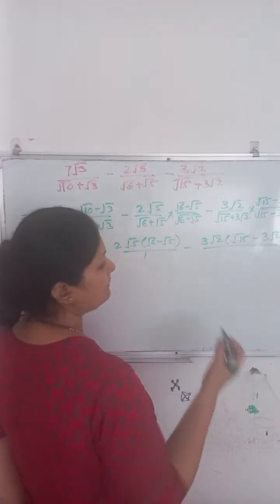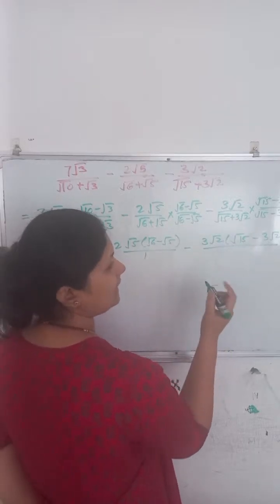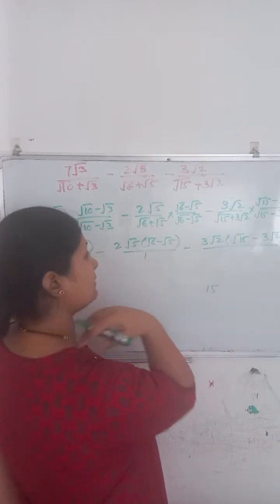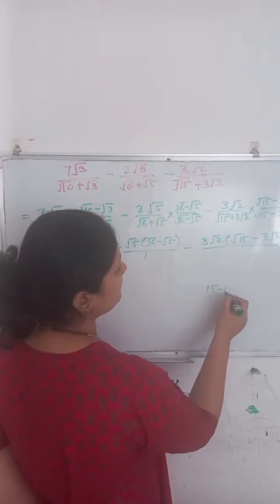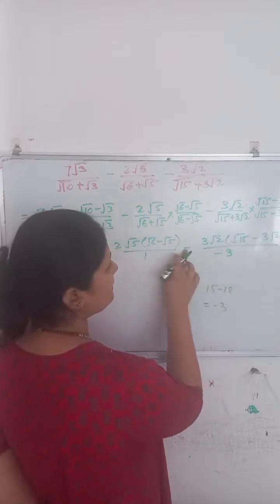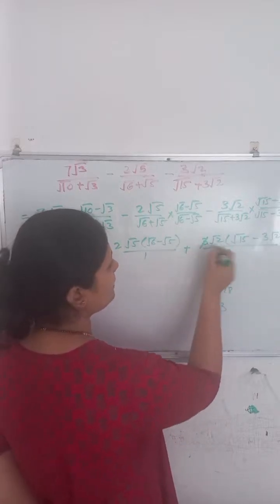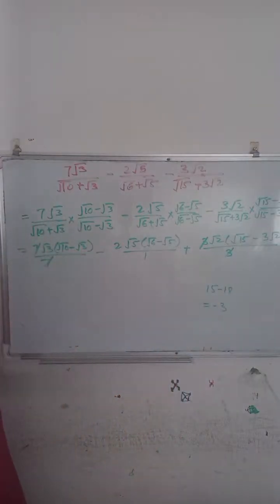Here root 15 squared is 15 and 3 square is 9, 9 twos are 18. So 15 minus 18 is nothing but minus 3. So this minus and minus will become plus. 3 gets cancelled and here 7 also gets cancelled.